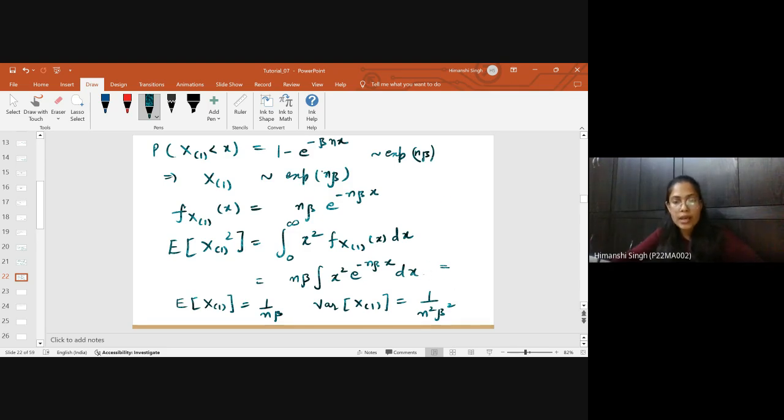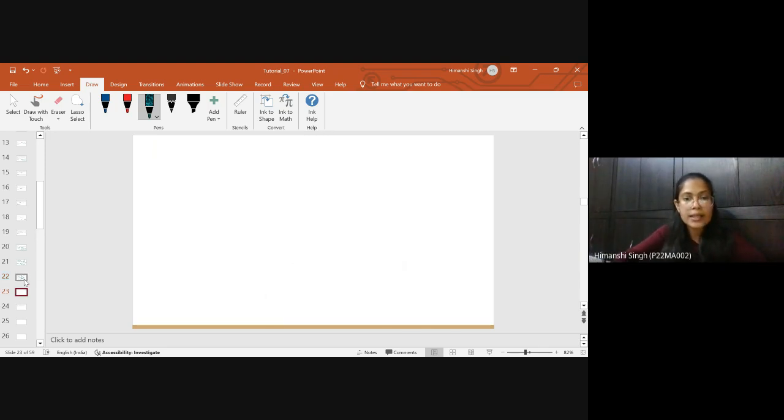Here lambda is n beta, so the expected value will be 1 by n beta and the variance will be 1 by n square beta square. Again, the expectation of x1 square minus the expectation of x1 whole square is the variance of x1. So from here also I can find this expectation.